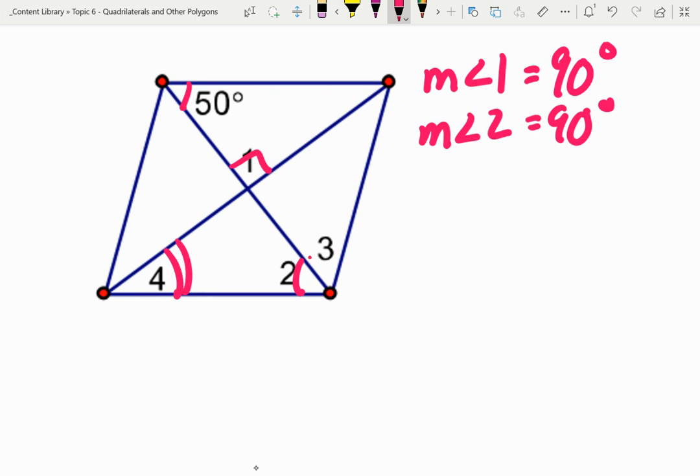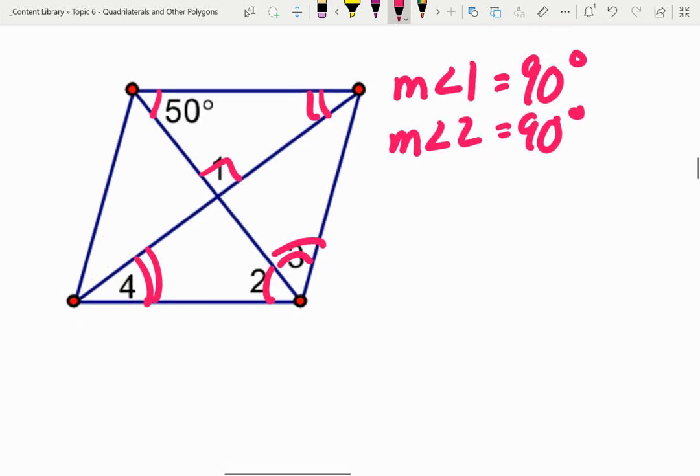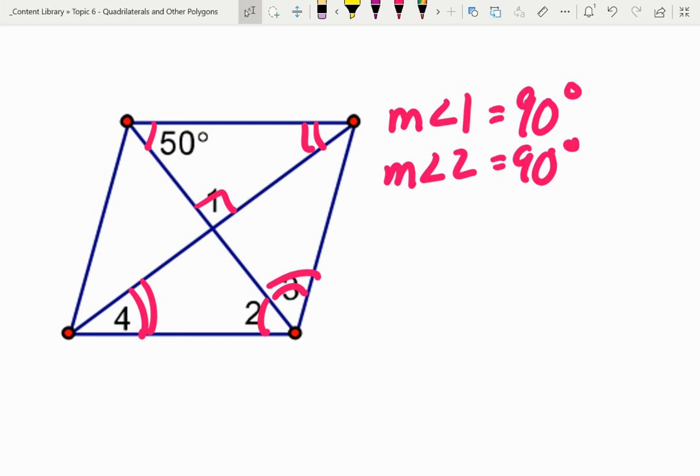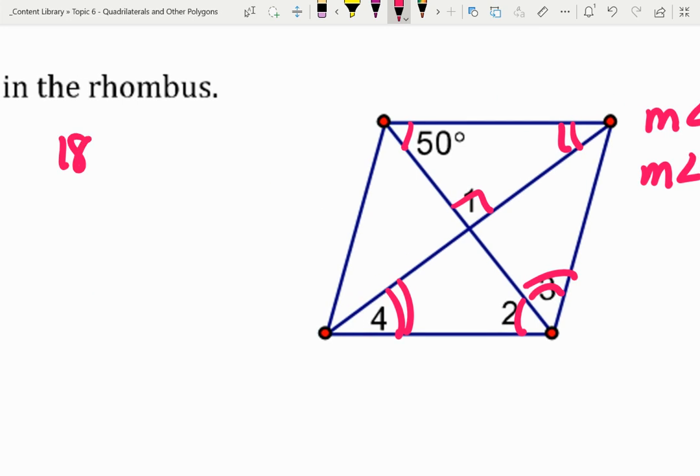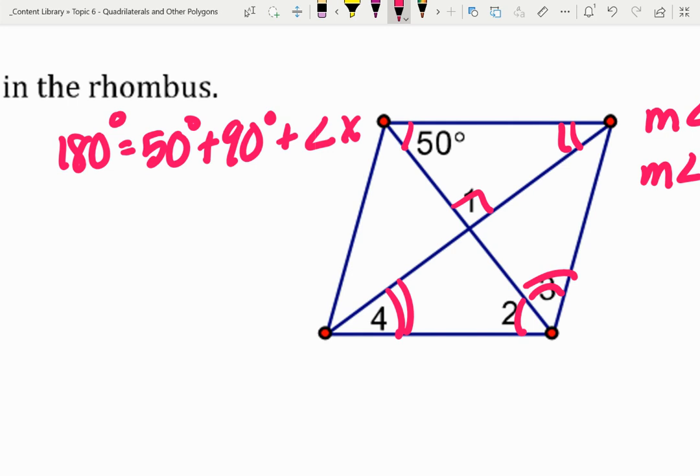And 1 and 3 are going to be congruent. So now we can go ahead and say that 2 is not that one, it's 50. My bad. Now I can say 180 equals 50 plus 90 plus angle x. We'll just call this one x.